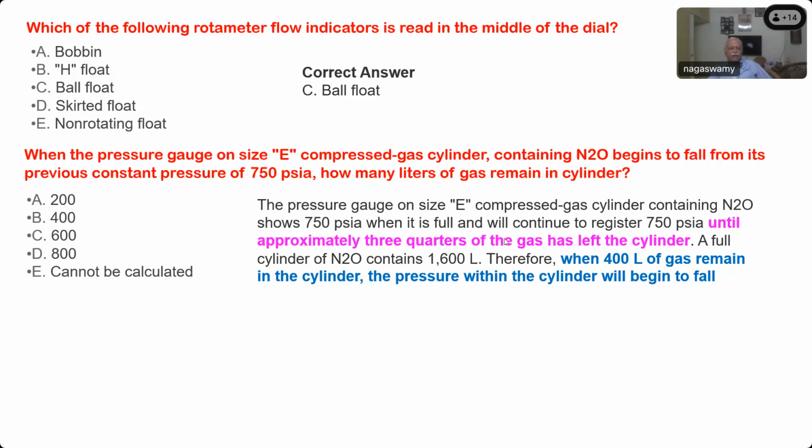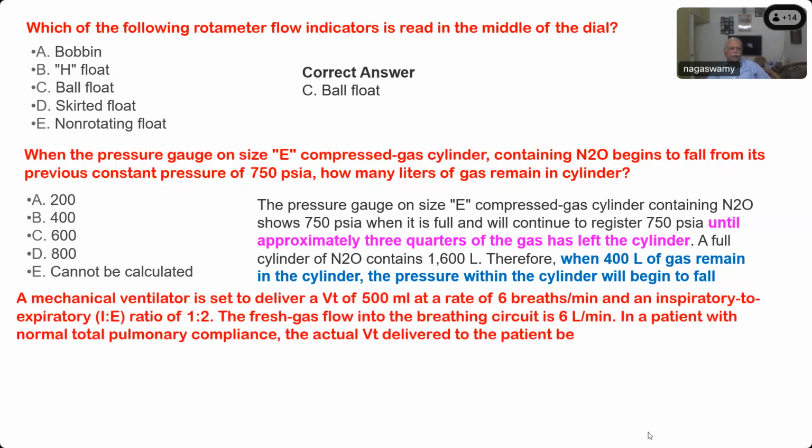It is not that, as earlier thought, it will show 750 until the last drop and then suddenly drop. It doesn't happen. Those of you who use cylinders would have noticed that when it starts falling, it gradually falls and comes to zero within a short time, depending on the flow rate you are using. But when it starts to fall, there are still 400 liters of gas remaining in the cylinder. So the correct answer is B.